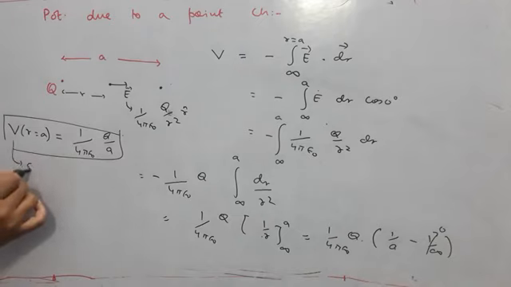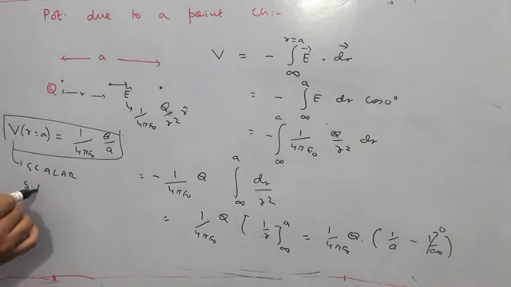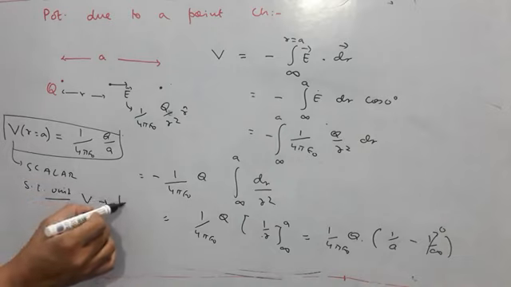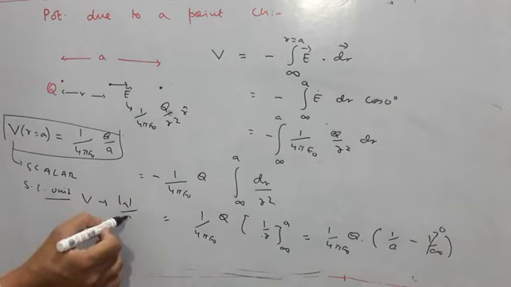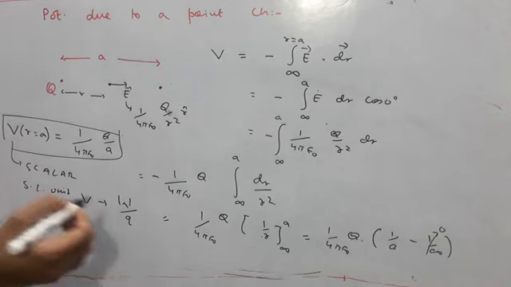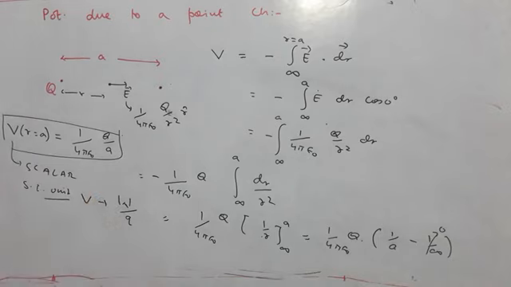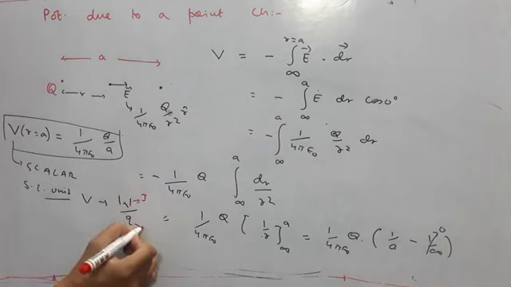Remember, this potential is a scalar quantity, and its SI unit, you can guess, since we have defined potential as the work done in bringing some charge from one point to the other divided by that charge, because you have to bring a unit positive charge. Work has SI unit joule, charge has SI unit coulomb, so we have its SI unit as joule per coulomb.